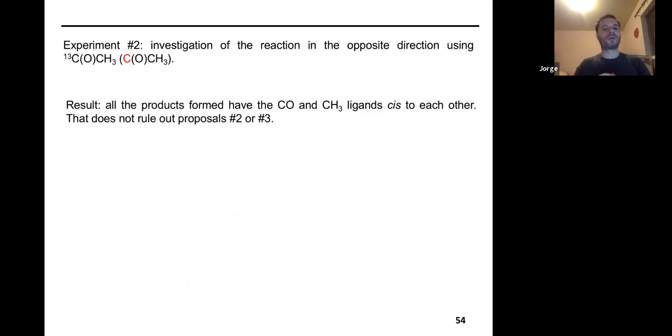The result of this experiment is that all the products formed have the CO and CH3 ligands cis to each other. Therefore, that does not rule out proposals number 2 or number 3. So with this experiment, we were not able to differentiate the two proposals.